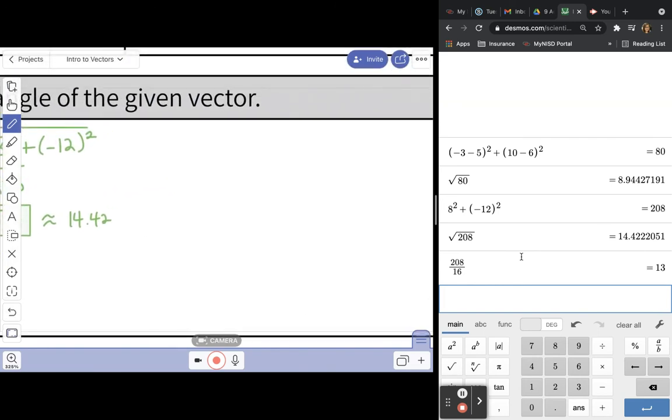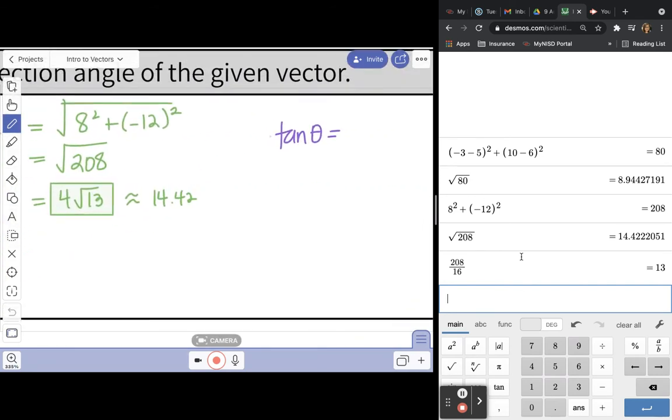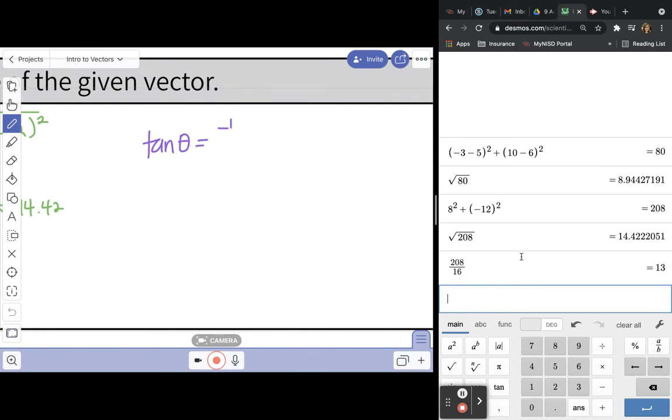So that's tangent. Theta is equal to negative 12 over 8. When you move the tangent over, it becomes inverse. So we're just going to type this into the calculator and let's see what we get.